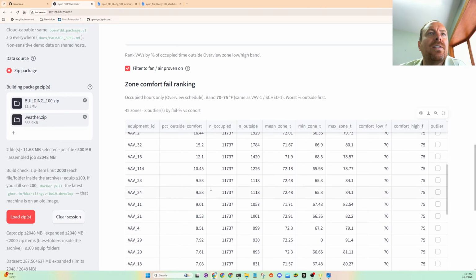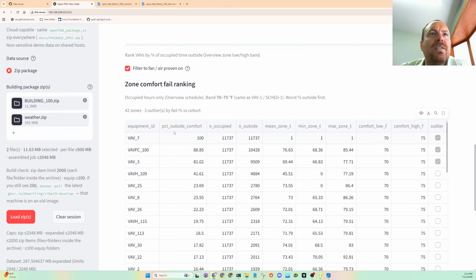So if we look at this, this is just some statistics for worst performing VAVs. It's documented by percentage of time when the building's occupied outside of that original 70 to 75 degree comfort band.